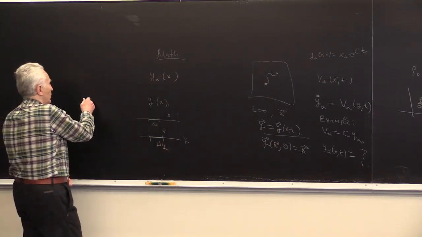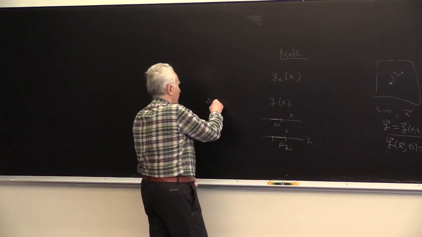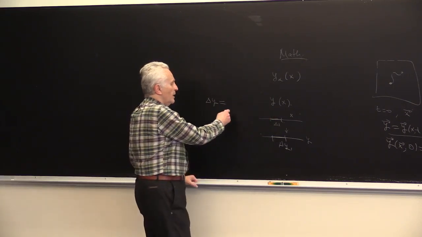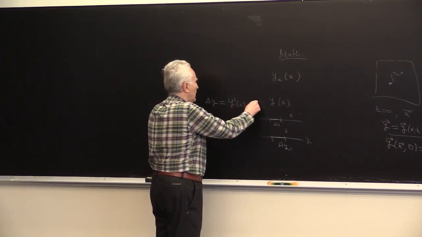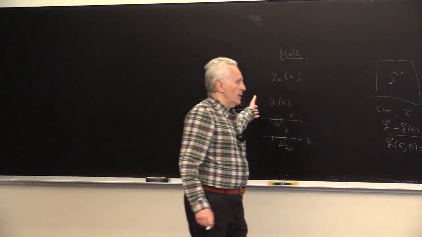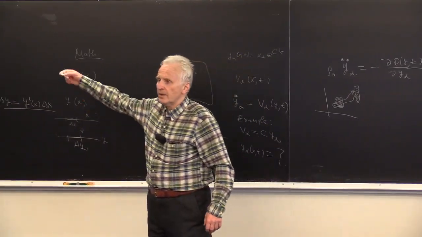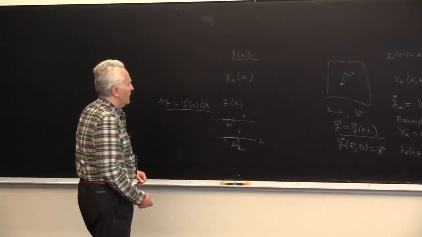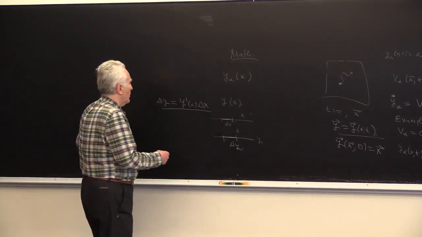And of course, you know that delta y, the length, which is the one-dimensional analog of the volume, is just y prime of x multiplied by delta x. And so we know that when you change variables in the integral, from x to y, you just have to multiply by the derivative of y.